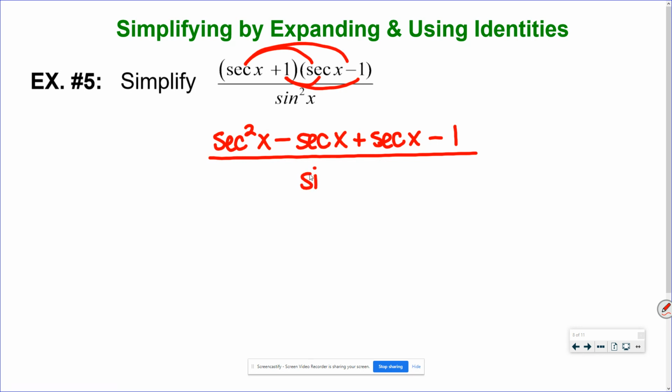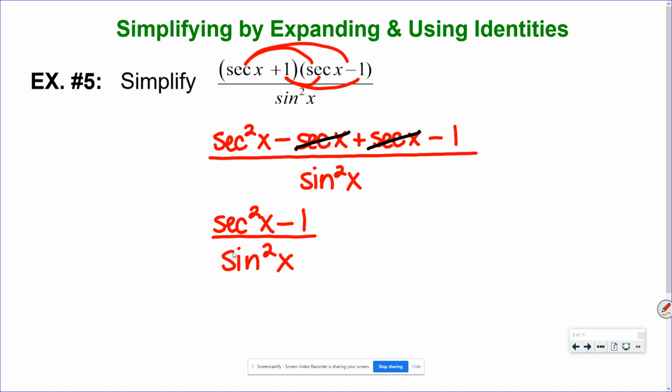Still have this sine squared on the bottom. Okay, keeping on that path of what can I do algebraically. Negative secant and positive secant, that would be 0, right? Because those are like terms. So I would end up with secant squared of x minus 1 over sine squared of x.